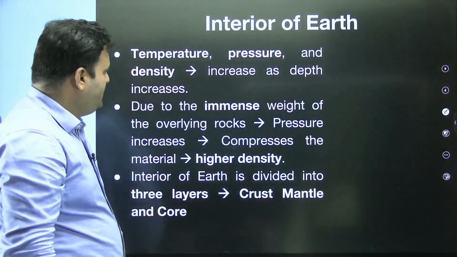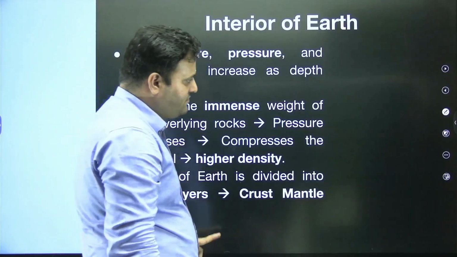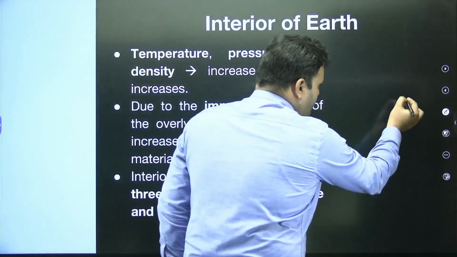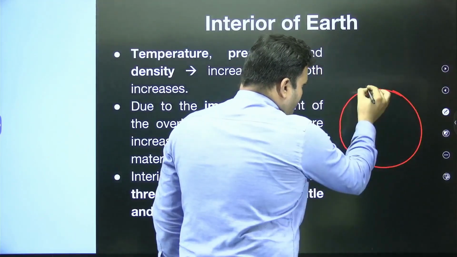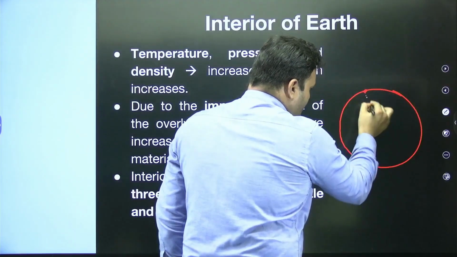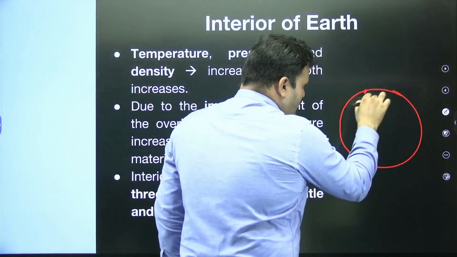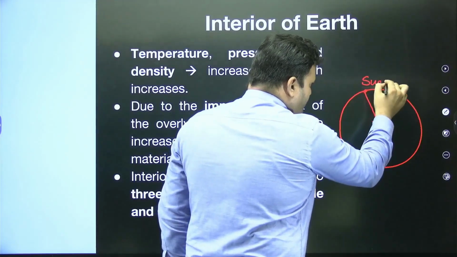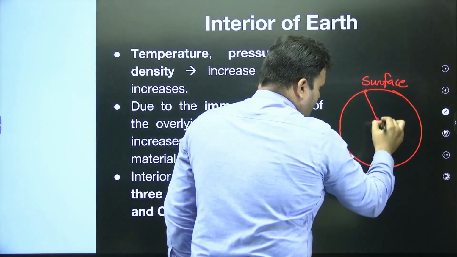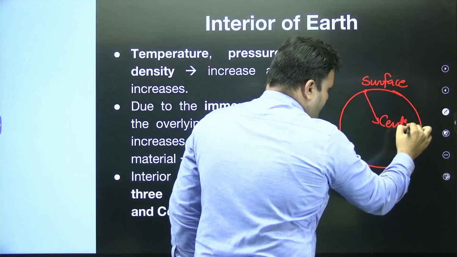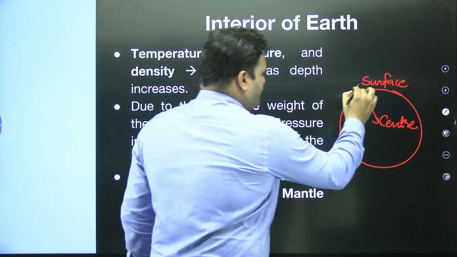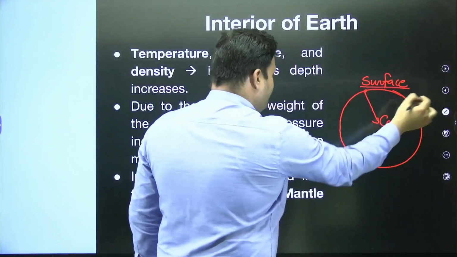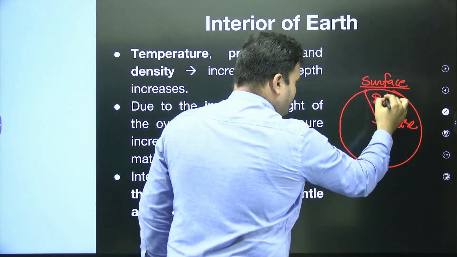Now, for example, if we have an Earth and you move from the surface towards the center, there will be an increase. An increase in what? Density.